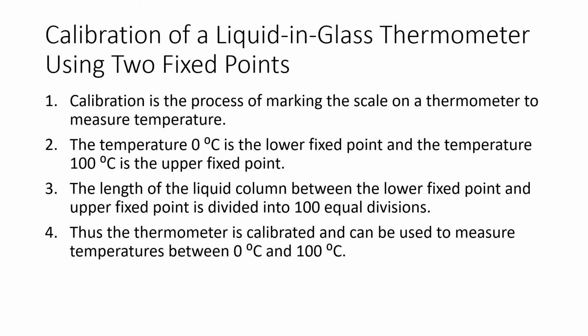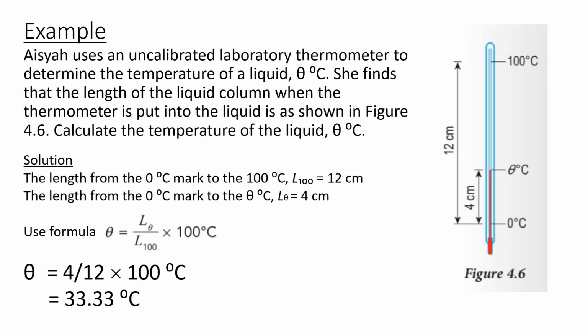Then the length of the liquid column between the lower fixed point and upper fixed point is divided into 100 equal divisions. Thus, the thermometer is calibrated and can be used to measure temperatures between 0 degrees Celsius and 100 degrees Celsius.